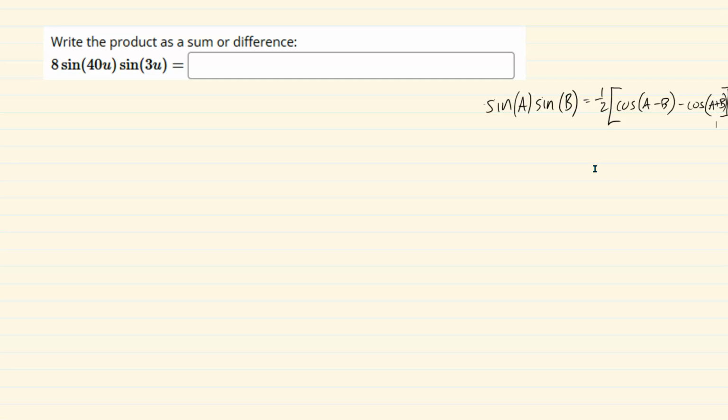And since we have 8 sine of 40u times sine of 3u, that means that A is equal to 40u and B is equal to 3u.